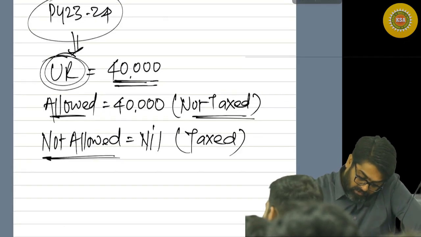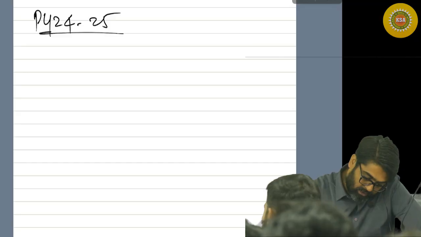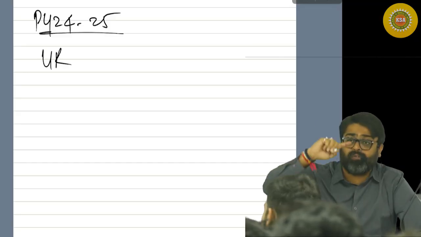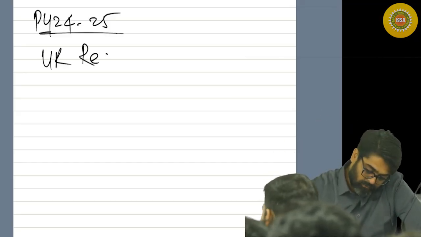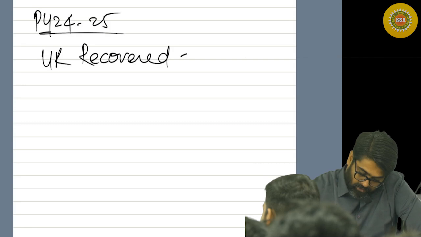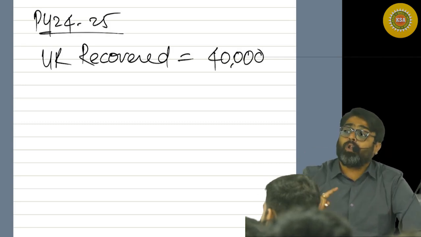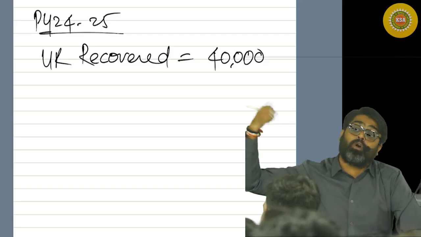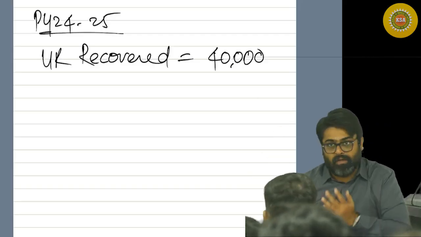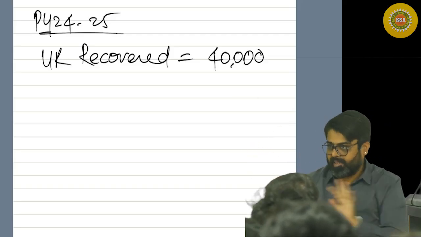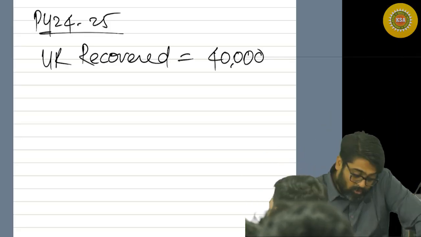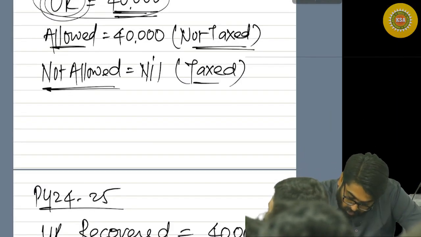Now tell me, in the year 24-25, this unrealized rent of 40,000 of earlier years is recovered. Yes or no? Will you pay tax on this entire 40, or will you eliminate that amount which is already taxed? Definitely you will eliminate the amount which is already taxed. So what was already taxed?